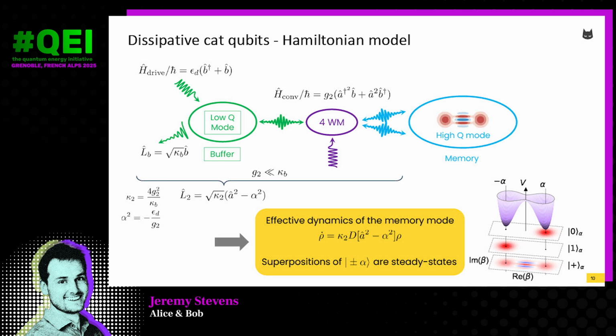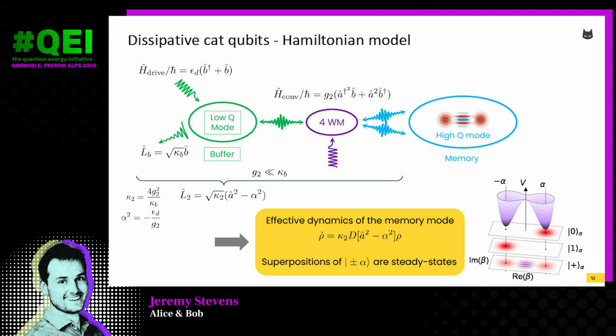Additionally to this, we add a drive on the buffer mode so that we don't just continually deplete the photons from the memory, but we arrive in some kind of steady state. If you put yourself in the adiabatic elimination regime, where the exchange between the buffer and the memory mode is much slower than the rate at which the buffer mode is coupled to the environment, then from the memory mode's perspective, it looks like it's exchanging two photons with the environment.